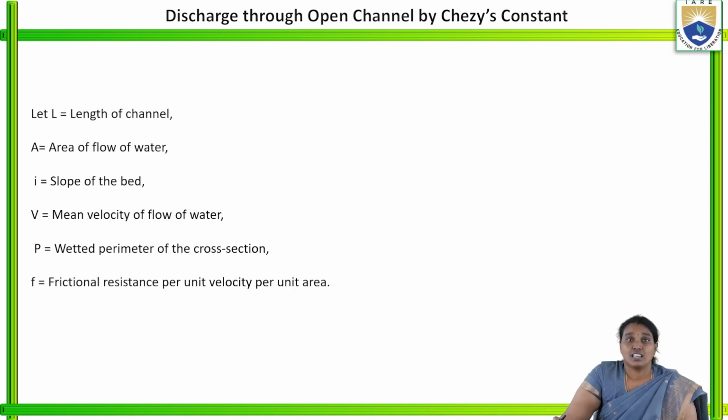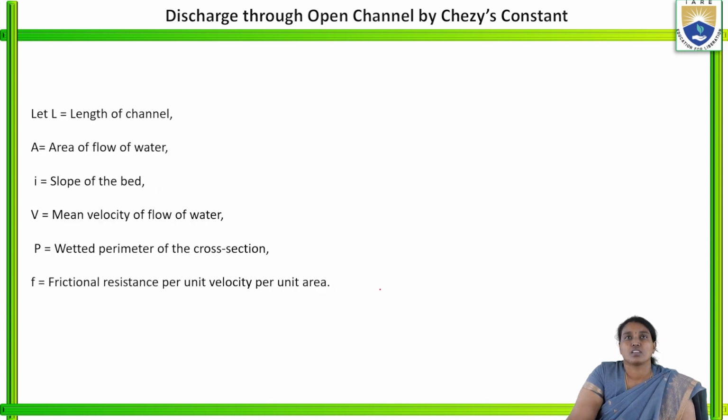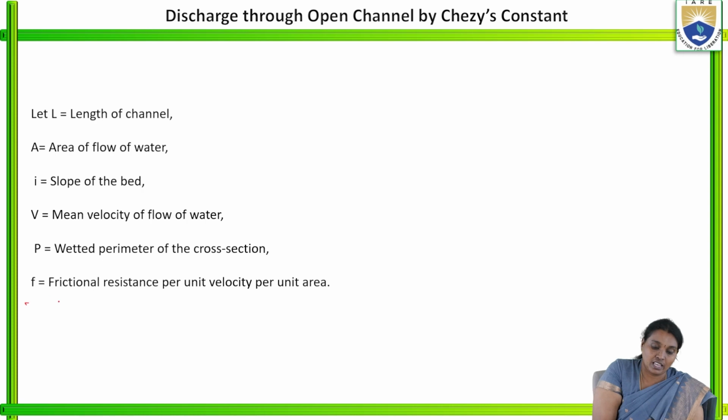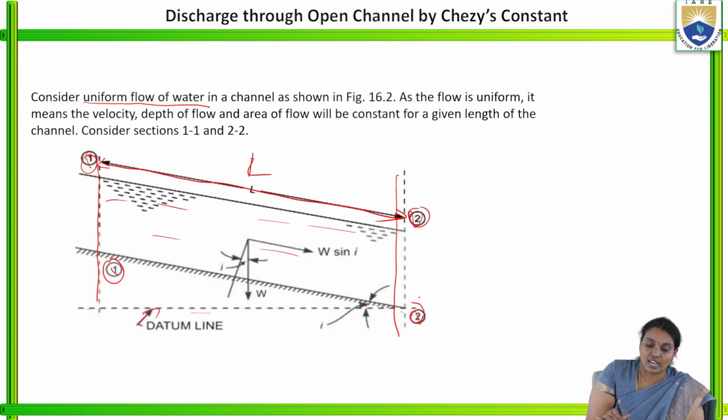Here, L is the length of the channel, A is the area of the flow, i is the slope of the bed, V is the mean velocity of flow of water, P is the wetted perimeter, and F is the frictional resistance per unit velocity per unit area. These are all the parameters we are going to consider in this.